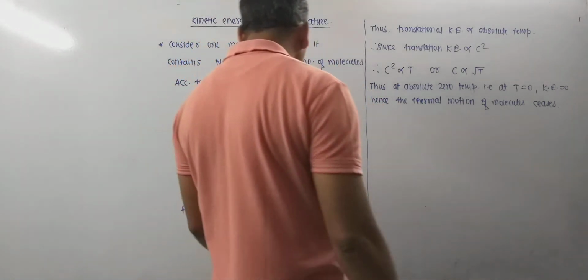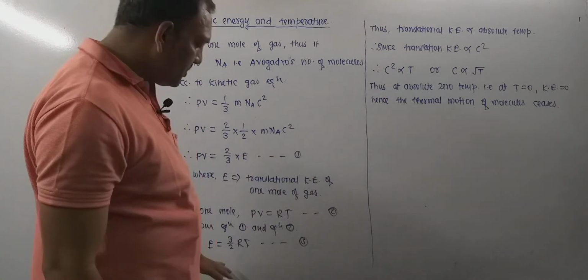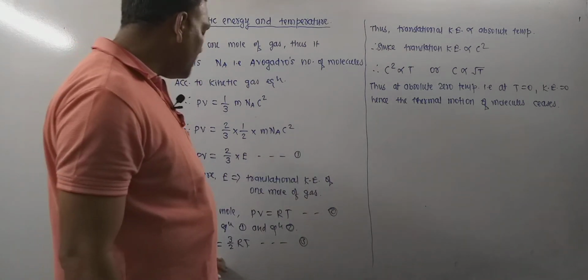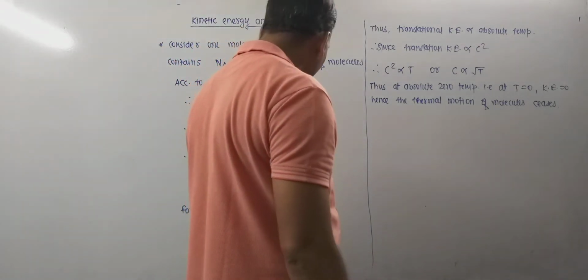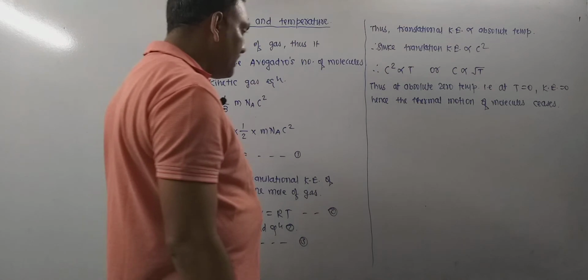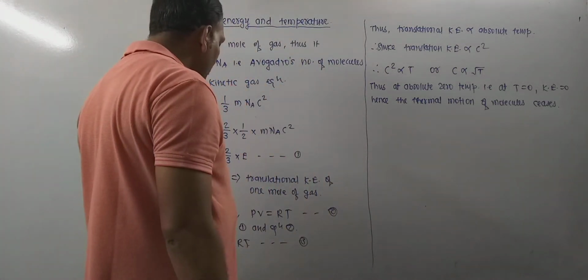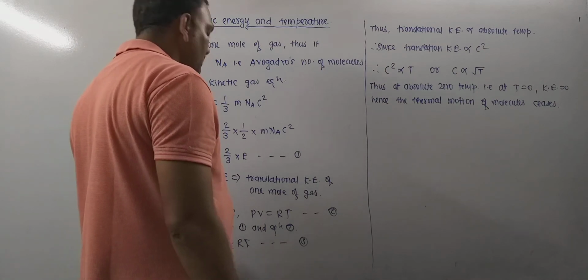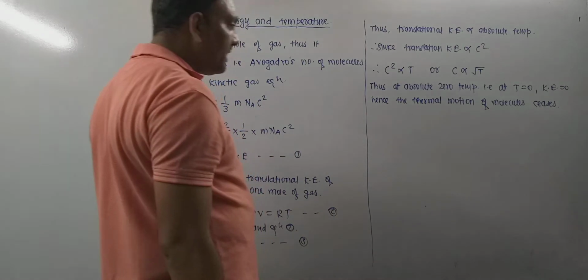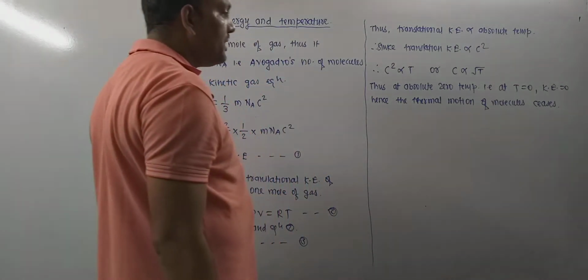Now from equation number 3, it clearly indicates that the translational kinetic energy is independent of volume or pressure and the mass or nature of the gas. And from this equation it clearly indicates that the translational kinetic energy only depends upon temperature. In fact, it is directly proportional.